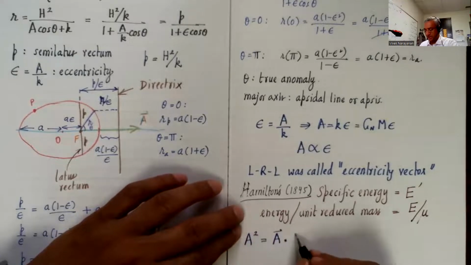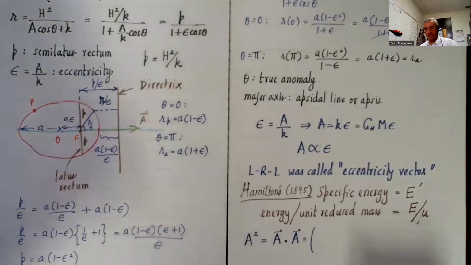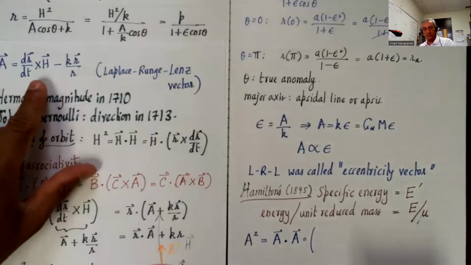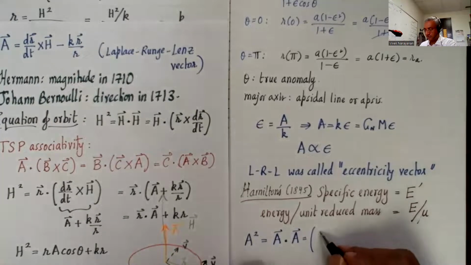So to aid us in that, let's work out A squared, which is A dot A. Well, we know what A is. It is given by that. So A dot A is just going to be that vector dotted with itself.